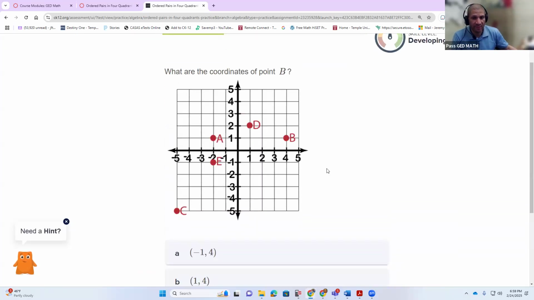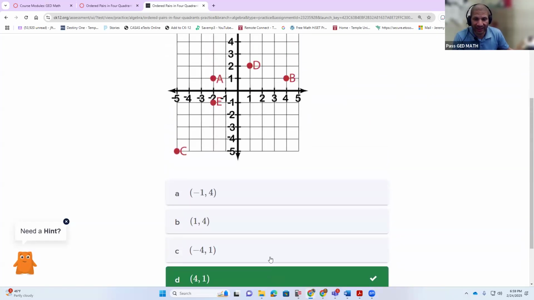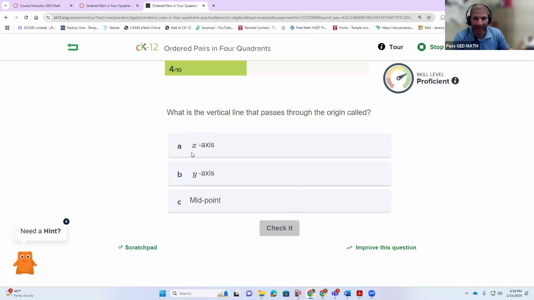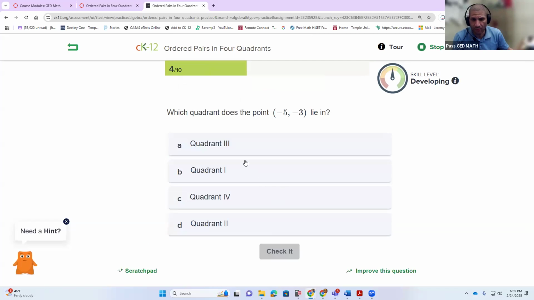Let's find another one. That will be 4, comma 1. I want to see if we can find one that's in another coordinate besides A. Let's just get it wrong on purpose. Say -5, -3.